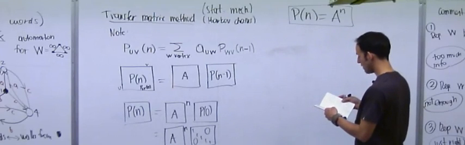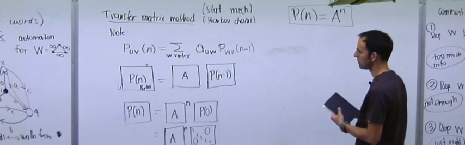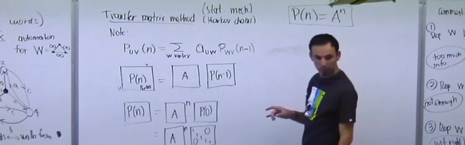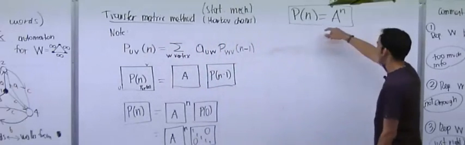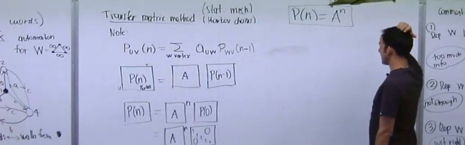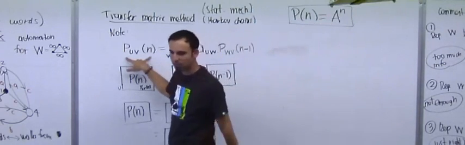And now it turns out that sometimes you do this and you find that the answer that you get for p uv of n is a mess.